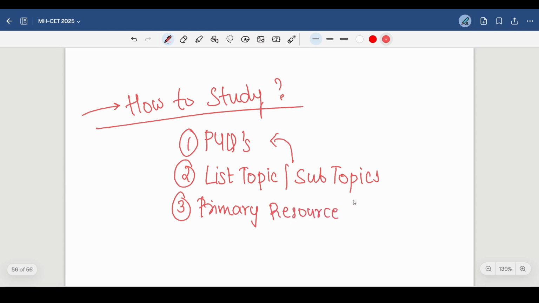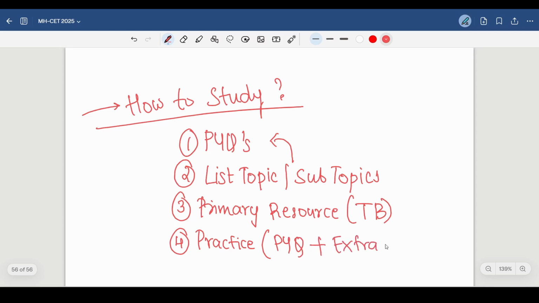What is your primary resource? It can be your textbooks. And fourth, but not the last step, is to practice. Practice what? Practice the previous year questions, resolve them, and also some extras. So these are the steps that you need to follow while studying.